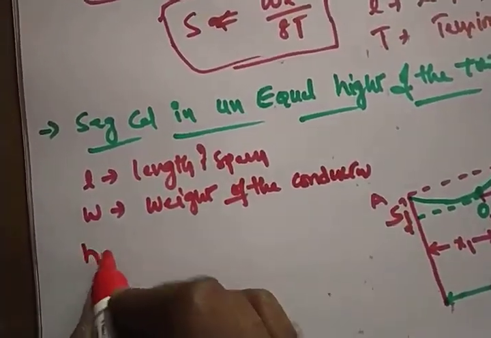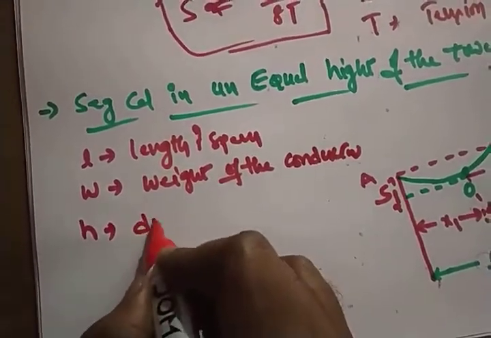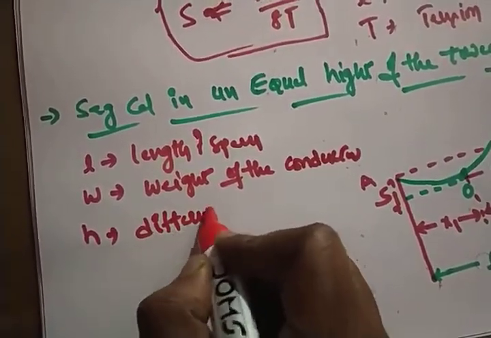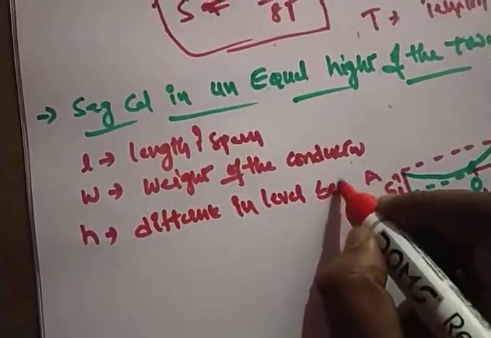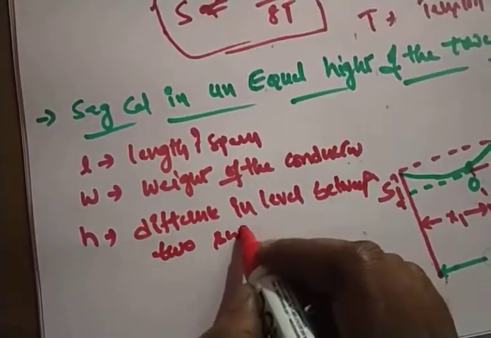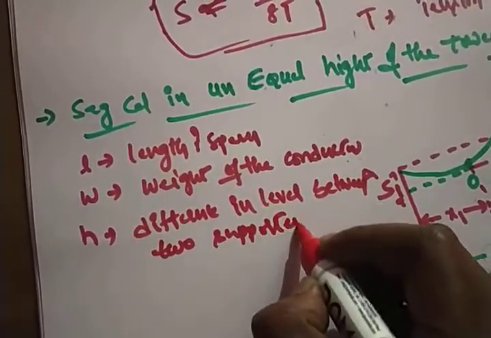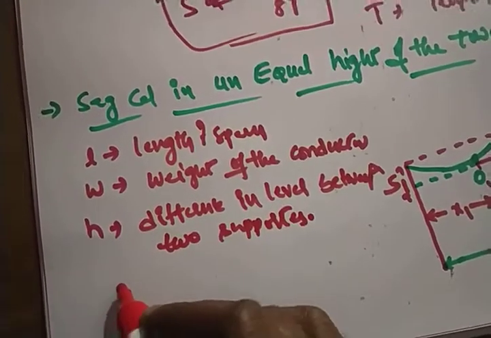Right? H is nothing but the difference in level between two supports.